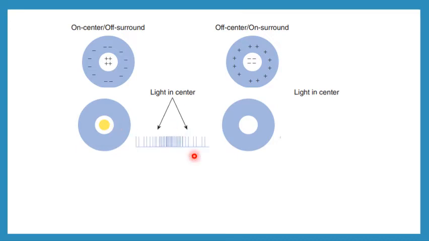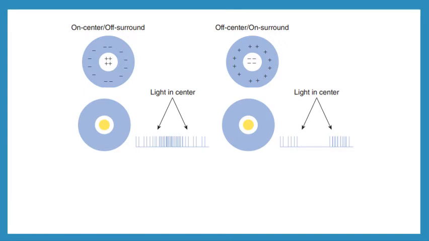That is why it is called an on-center ganglion cell: if the light falls on the center, it will be on. Whereas for an off-center ganglion cell, if the light falls at the center, there will not be any activity. That is why it is called off-center. When light falls on the center, the cell will go off.